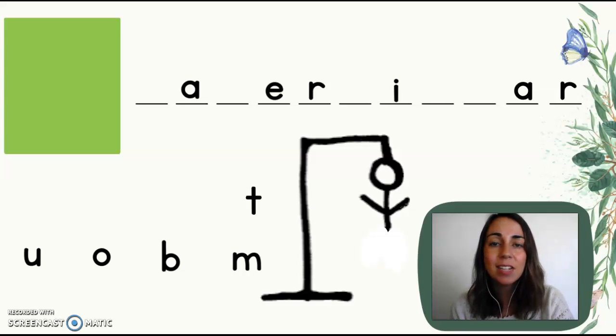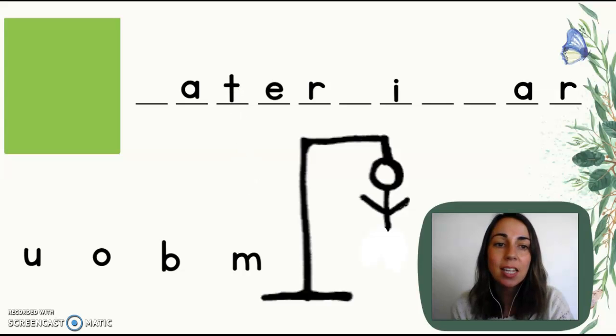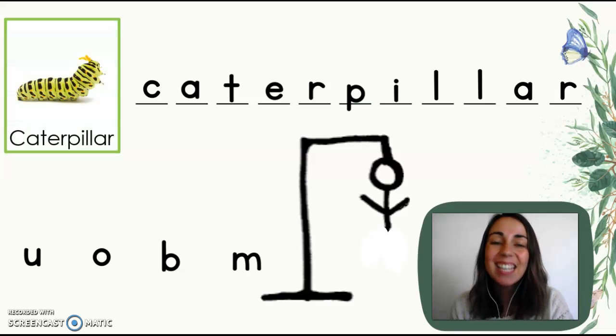Let's see. Our next sound is T. Let's see if it has a T. Yes, a ter, er. What insect is it? Maybe P. Okay, so caterpillar. Can it be a caterpillar? Yes, it's a caterpillar. Very good.